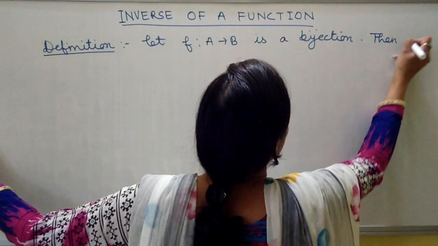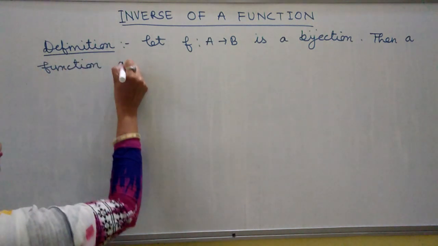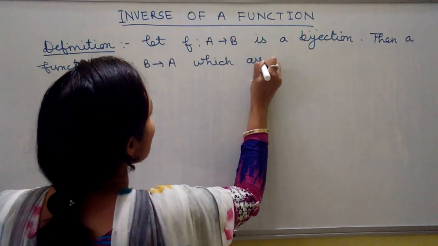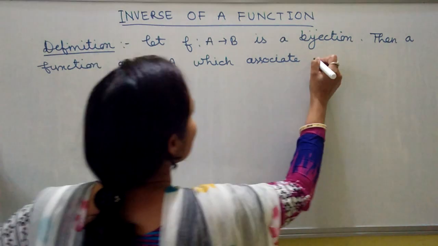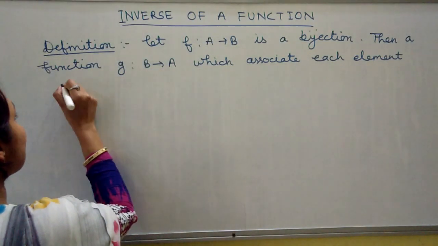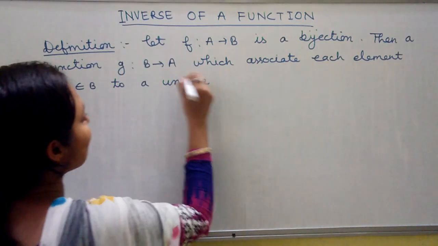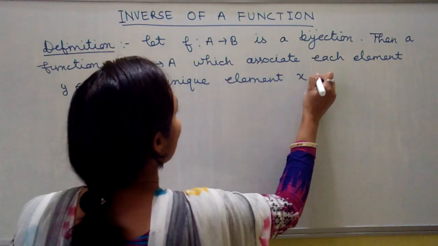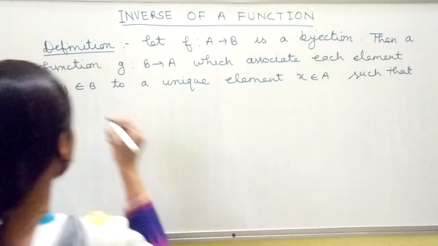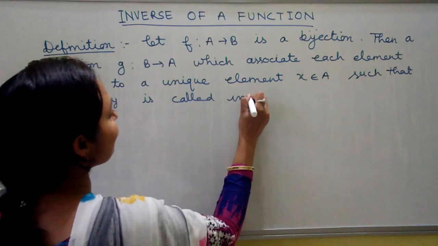Then a function g from B to A, which associates each element y belongs to B to a unique element x belongs to A such that f(x) = y, is called the inverse of the function.